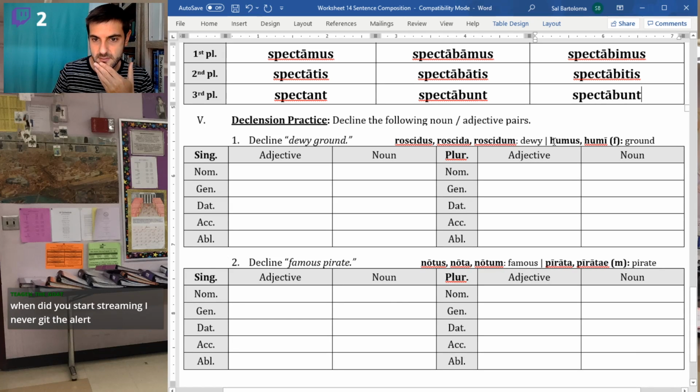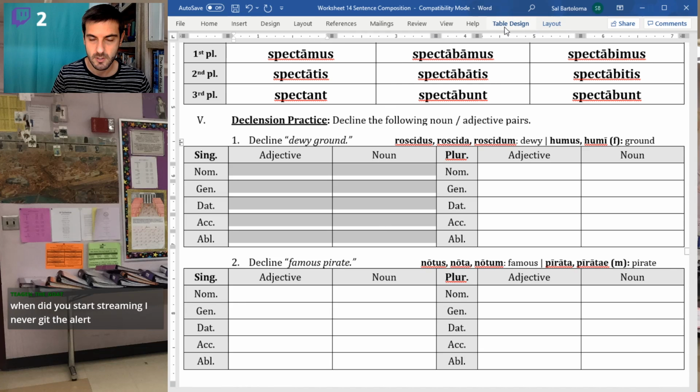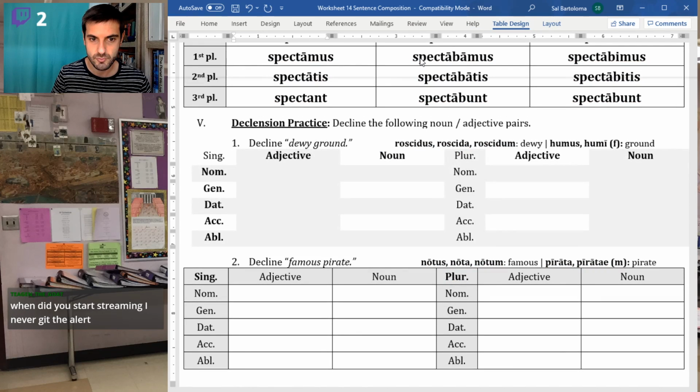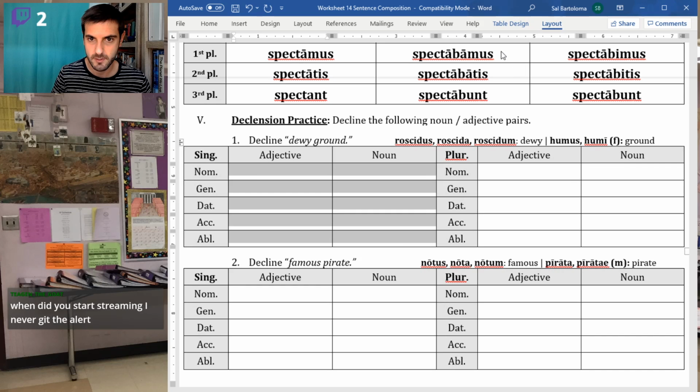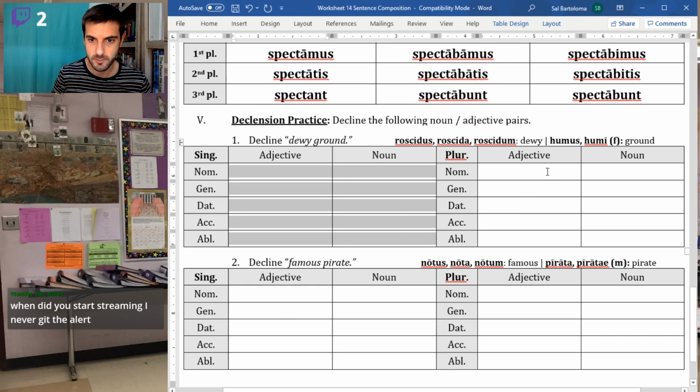So we've got a second declension noun here in humus, right? We got the layout here. So let me just do my formatting real quick.